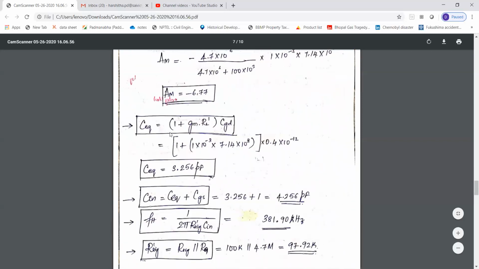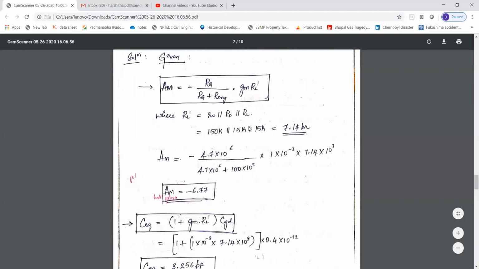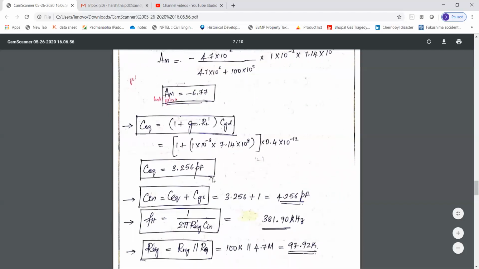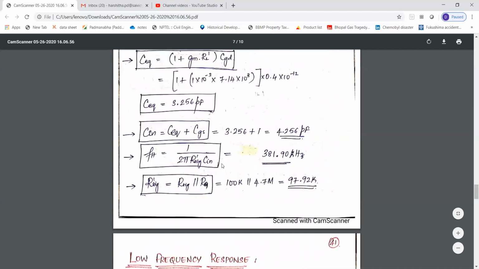Next, C equivalent. You know this C equivalent is equal to (1 plus g_m R_L dash) into C_GD. C_GD is given. g_m is also given. R_L dash is found out here. Substitute and we found that C equivalent is equal to 3.2625 picofarad. And C in is the sum of C equivalent and C_GS because they are connected in parallel.